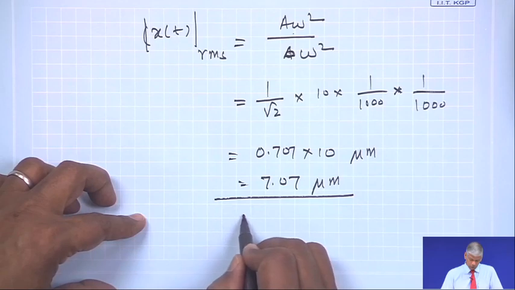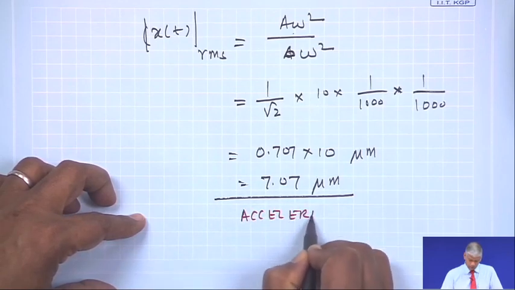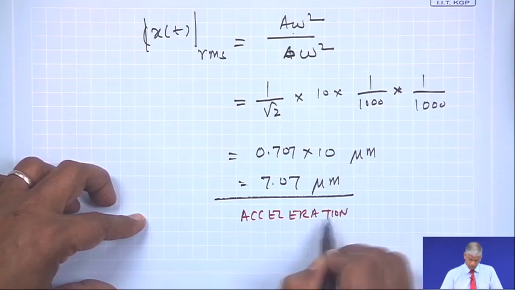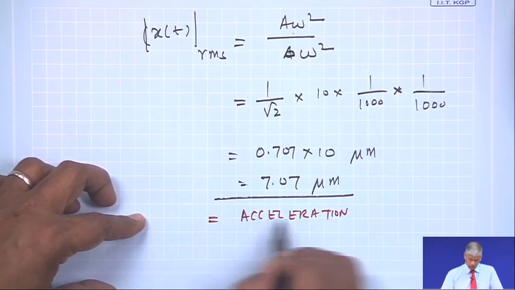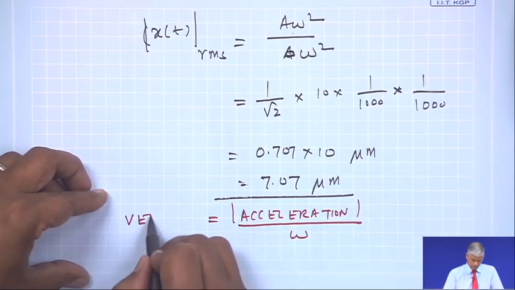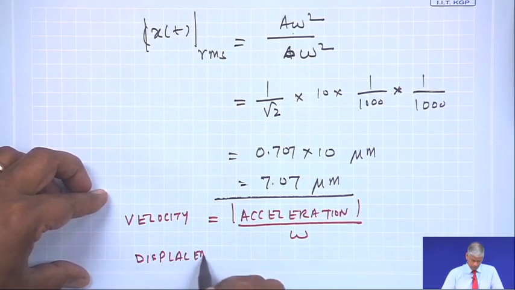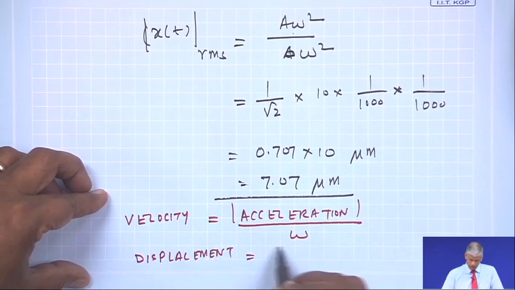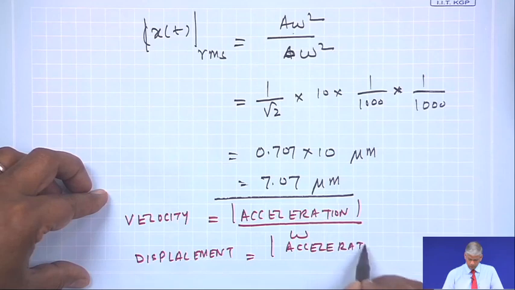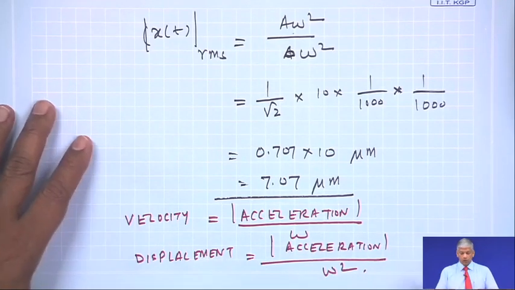Okay. So, acceleration divided by omega is nothing but velocity, okay, and displacement is nothing but acceleration divided by omega square, and we have used this.